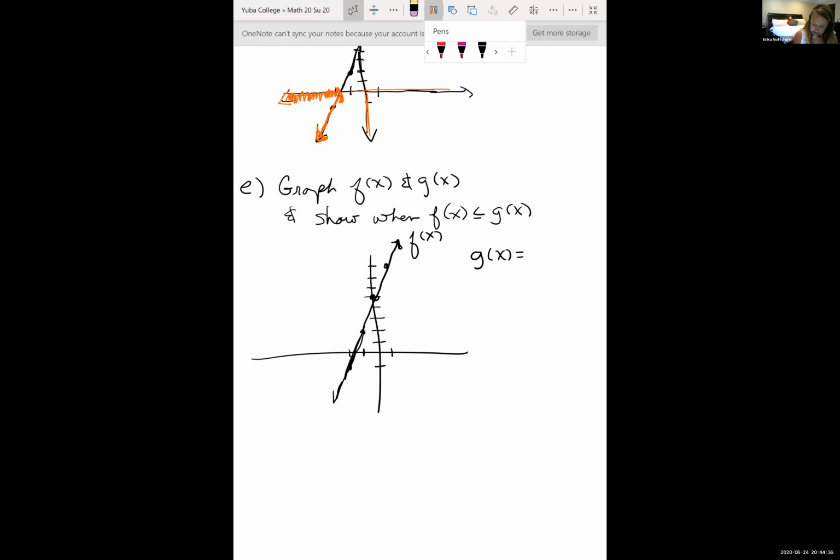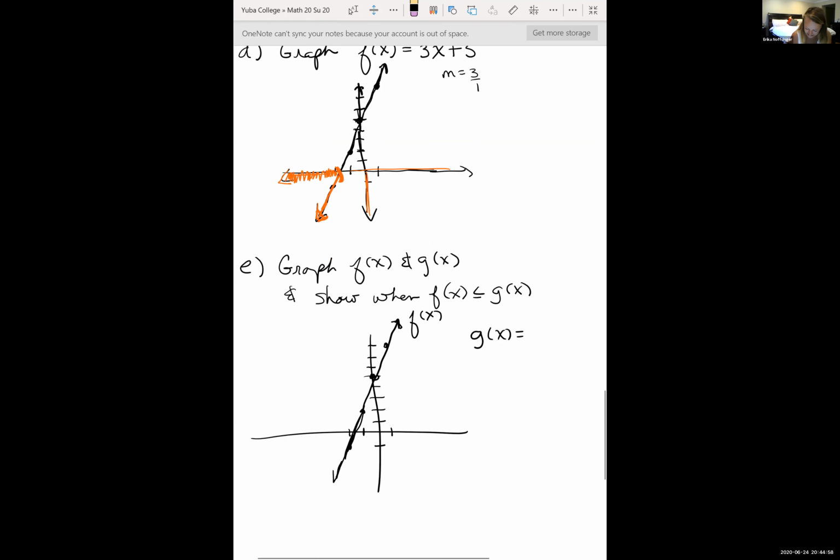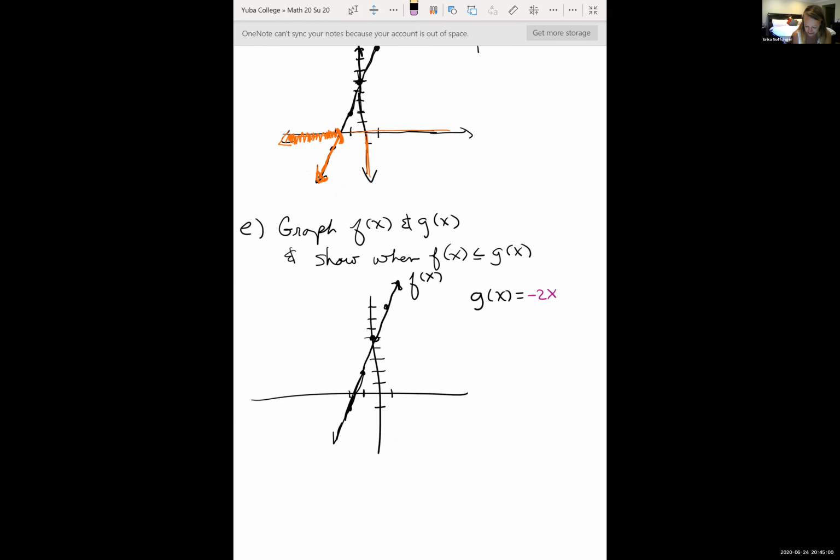I'm a little worried because that 15 is way up there, but that's okay. Negative 2x plus 15.